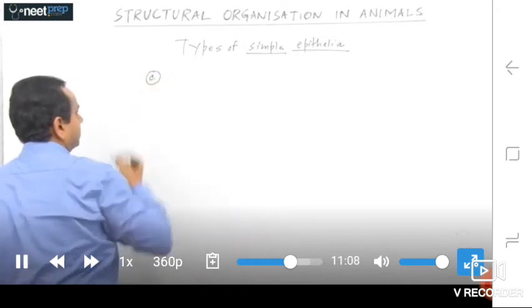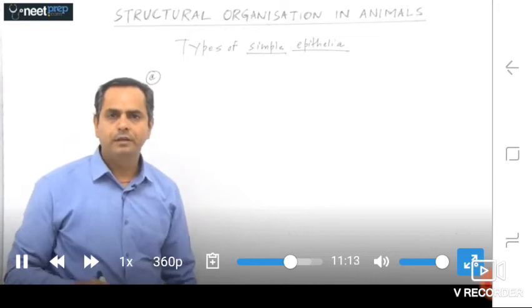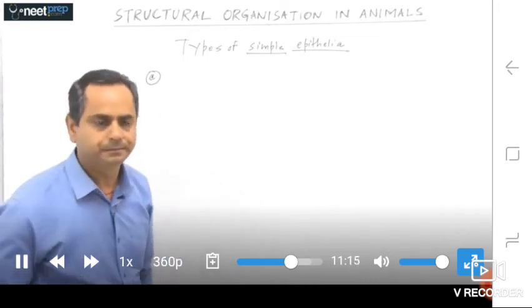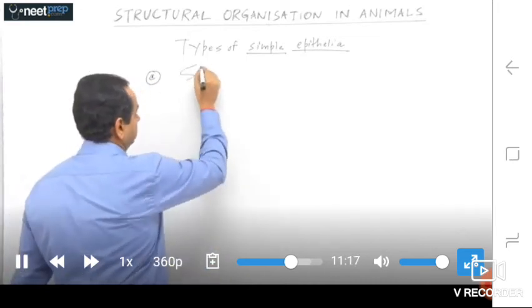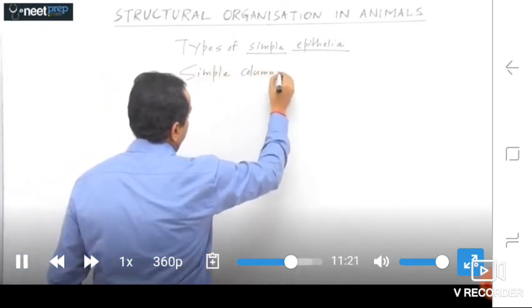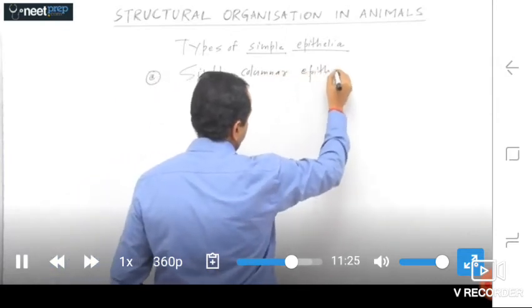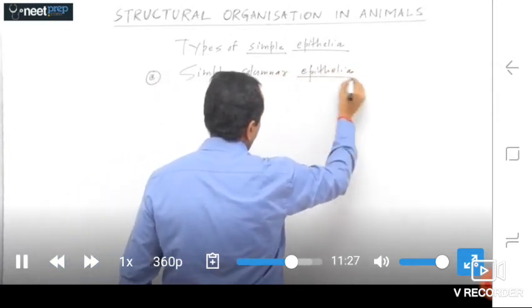E type, that is called simple columnar epithelia.